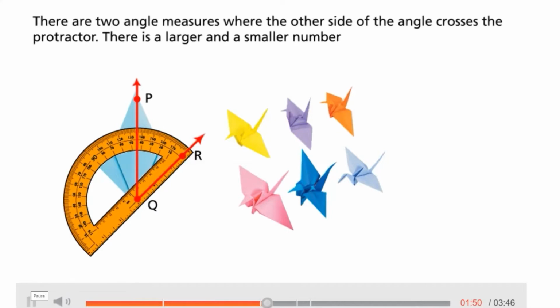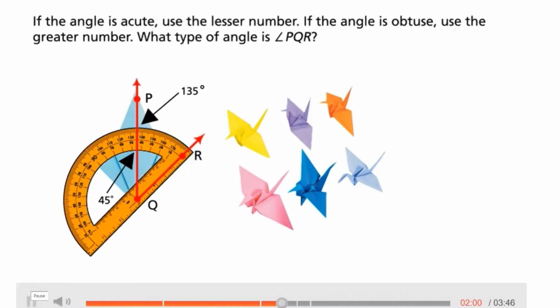There are 2 angle measures where the other side of the angle crosses the protractor. There is a larger and a smaller number. If the angle is acute, use the lesser number. If the angle is obtuse, use the greater number.